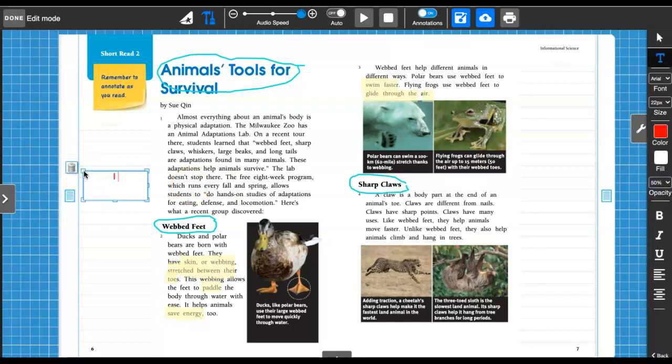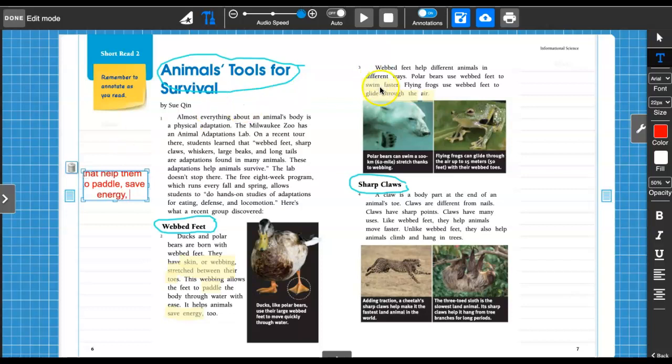So I learned that webbed feet are skin between the animal's toes that help them to paddle, save energy.